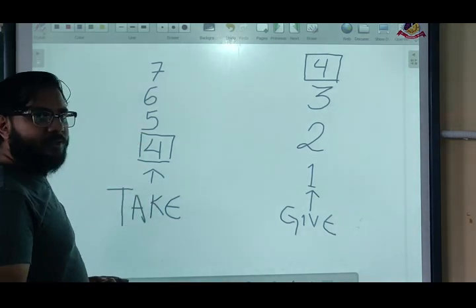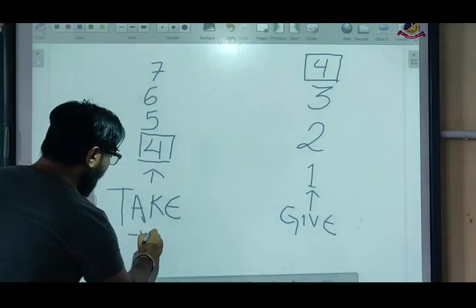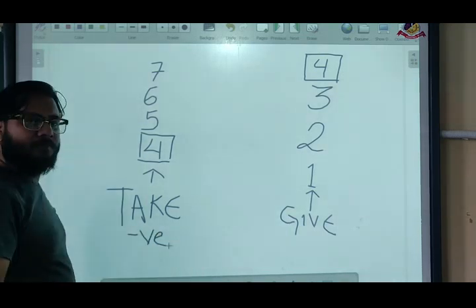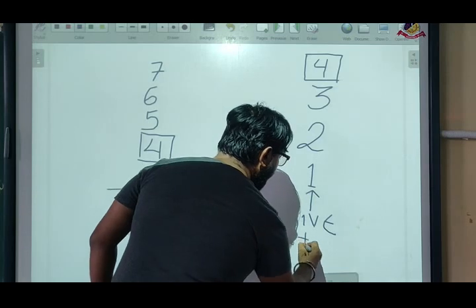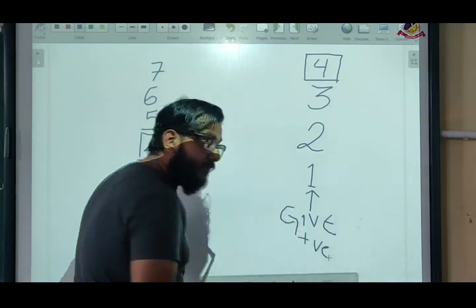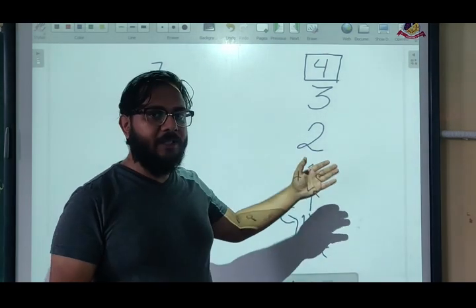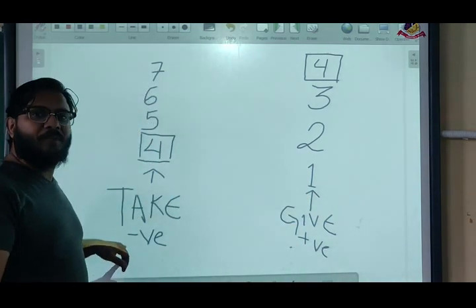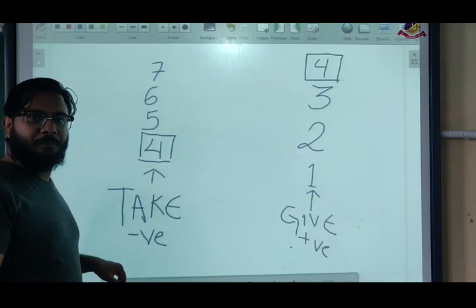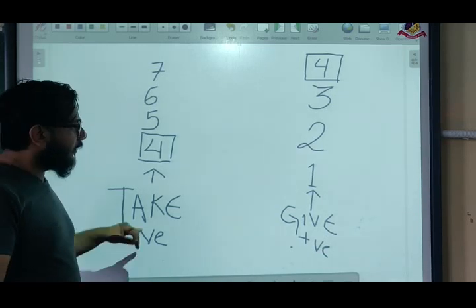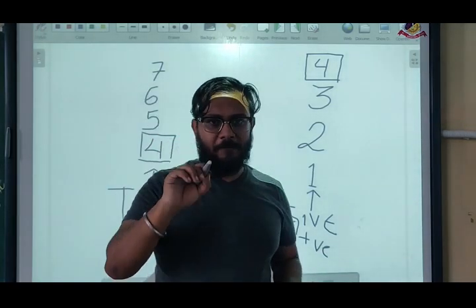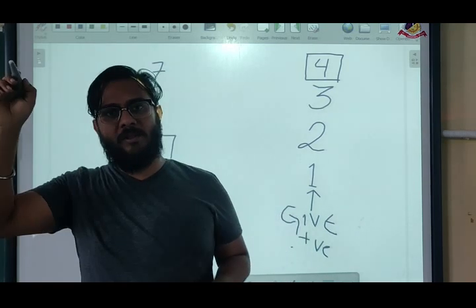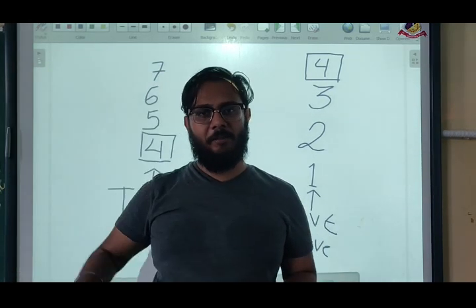All of these will be negatively charged. All of these will be positively charged. That is, after giving the electron, they will be positively charged. After taking the electron, they will be negatively charged. Okay? Sometimes you will see a symbol with a negative charge and the number.